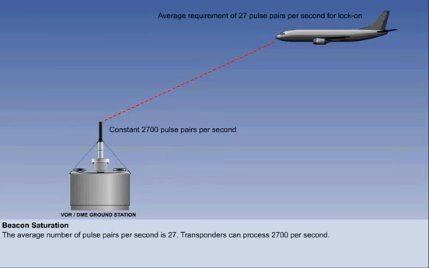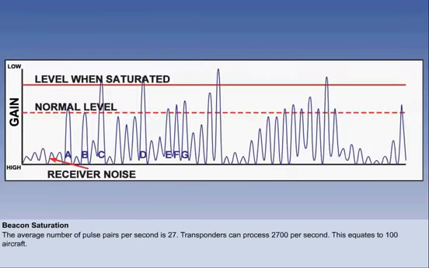When a ground station is receiving 2,700 pulse pairs per second, which equates to 100 aircraft at 27 pulse pairs per second, it becomes saturated, and then it reduces its gain. The effect of this is to exclude the transmissions from aircraft whose interrogation pulses are weaker.